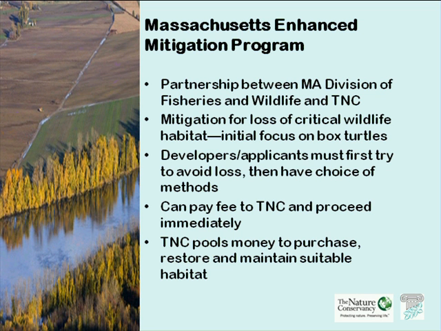Pay money into a fund that represents the impacts you are having. The Nature Conservancy then pools or accumulates that money from a number of small impacts and uses it to purchase large blocks of habitat that are significant at an ecosystem scale. And in this case, they focused on habitat for box turtles, but to create large enough blocks that can last on into the future. Next slide.